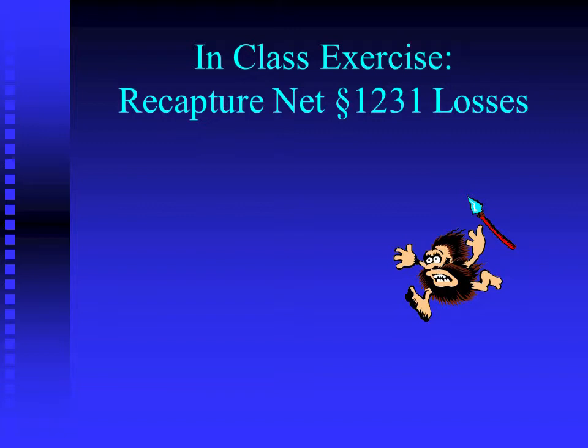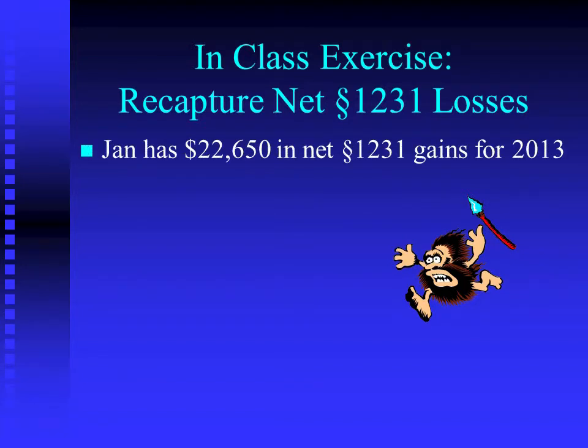So here we have an exercise, and this is very similar to what you'll see in the blackboard and what you'll see on your group and mini tests. So you start out with a net 1231 gain in a given year. You want to take that gain to your Schedule D. You want to treat it as a long-term capital gain.